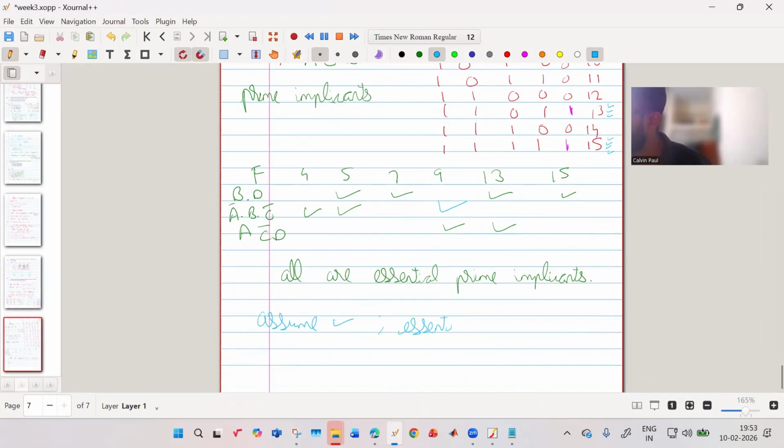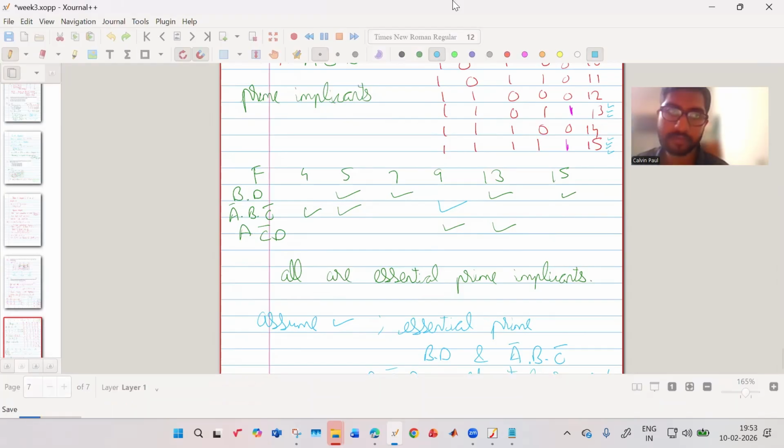That would be B and D and A bar, B and C bar, because in that case, your A, C bar, D would not be required. Okay, that is one case.